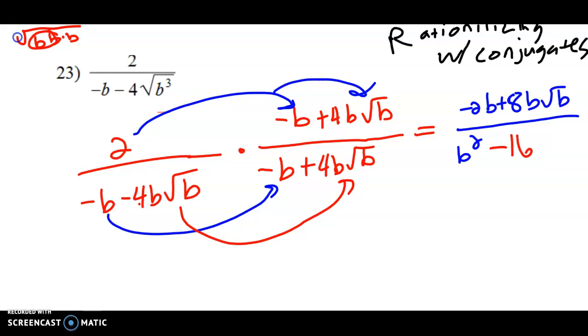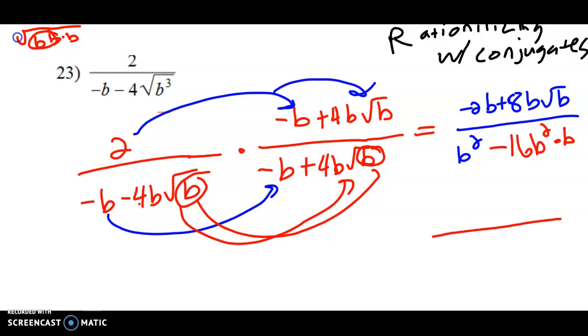B times b is b squared. Root b times root b is the root of b squared, which is b. So at this point, I can rewrite my problem: negative 2b plus 8b root b all over b squared minus 16b cubed.